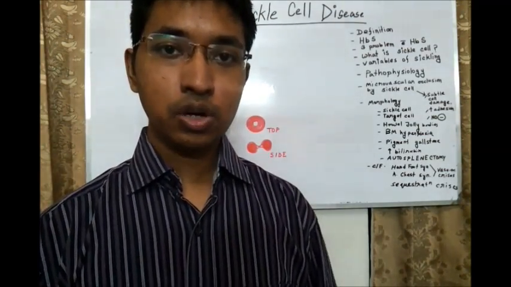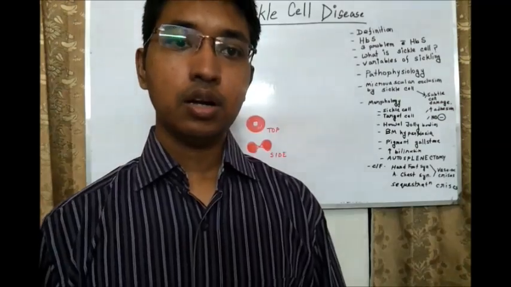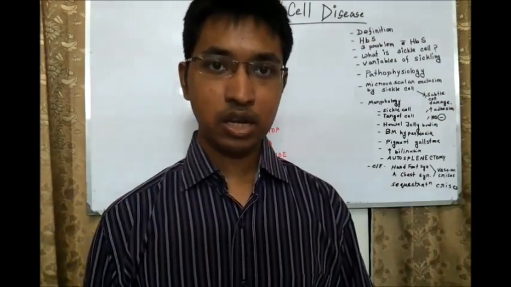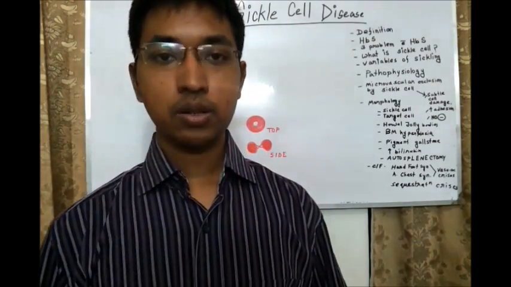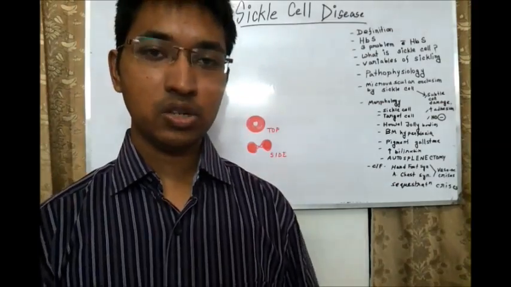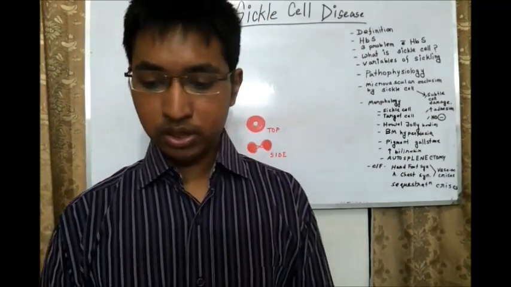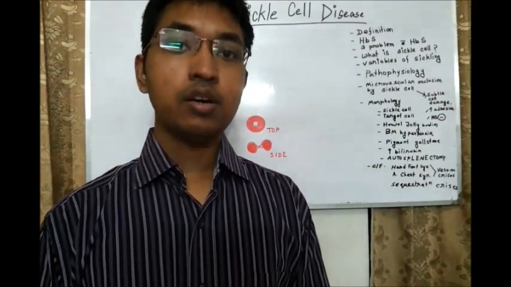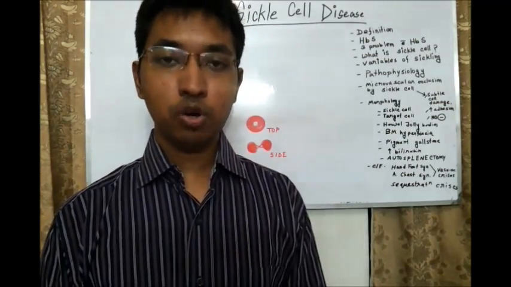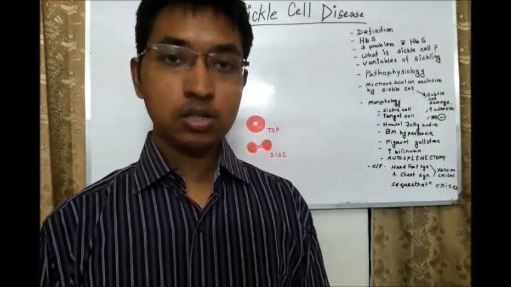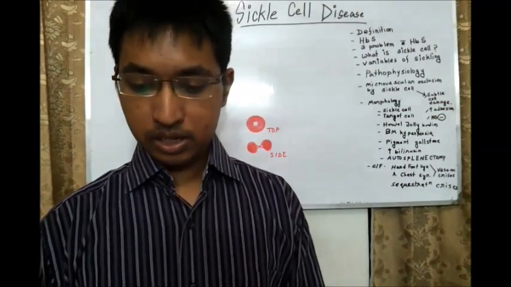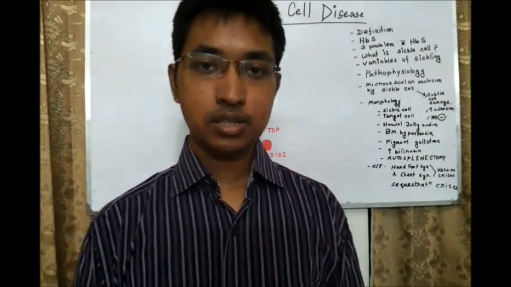Okay, so now that we have cleared some basic concept, we can define sickle cell disease. In your textbook you will see a definition. Sickle cell disease is a common hereditary hemoglobinopathy that occurs primarily in the individuals of African descent.